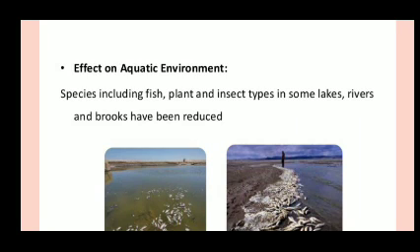Then aquatic animals and plants die when acid rain increases in the environment. Species including fish, plants and insects in some lakes, rivers and brooks have been reduced.